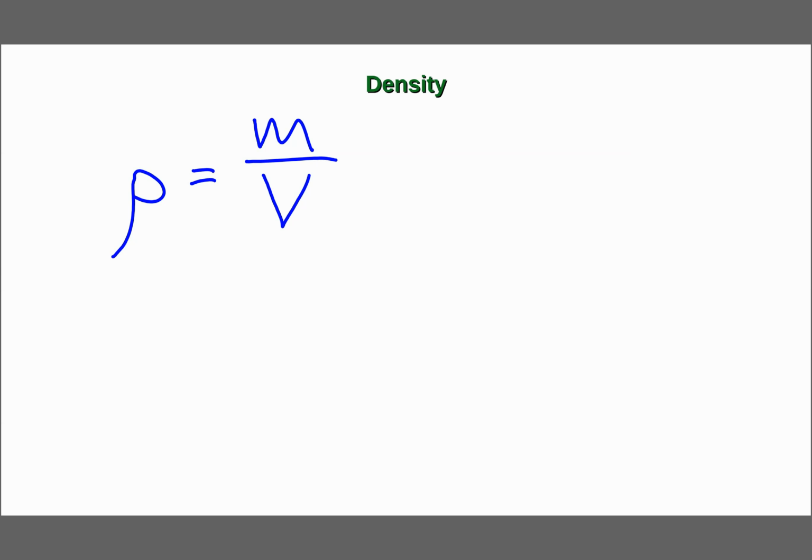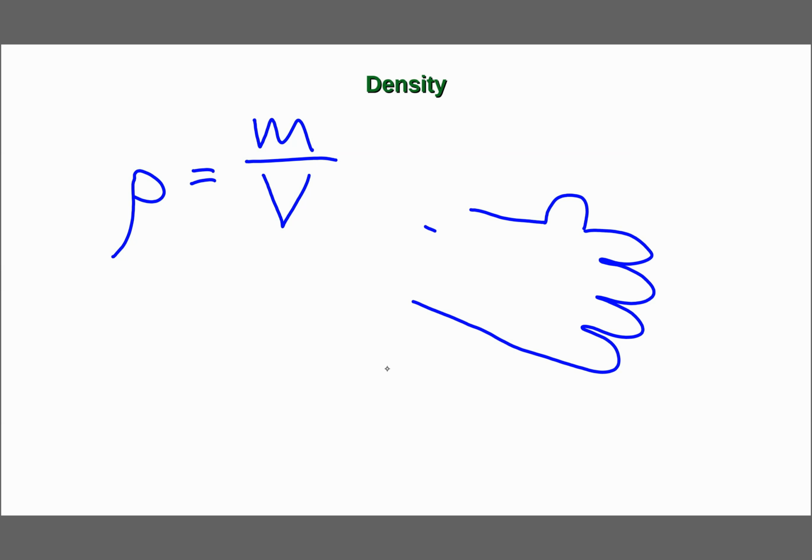For things that are made up of a conglomeration of different materials, the density is different for different areas within the object. One example might be your body. Your body's made up of all kinds of different materials, and there's a range of densities of these materials.